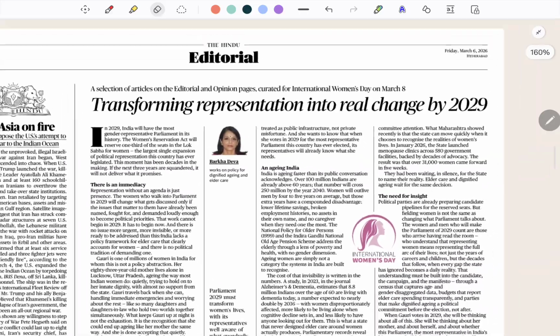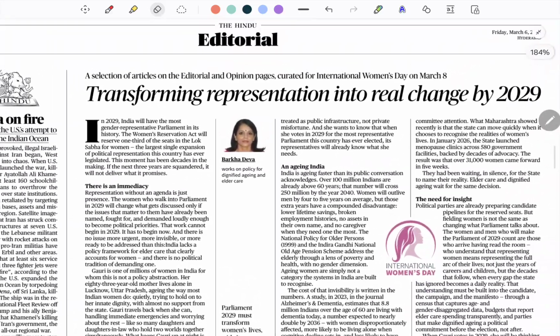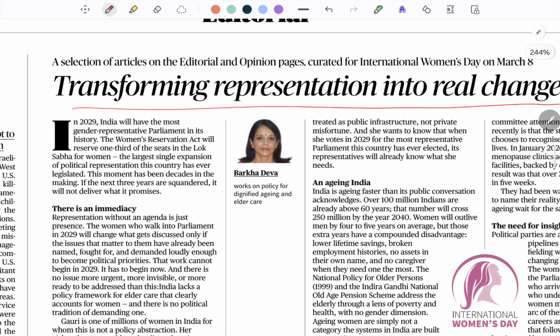Next, let's come to the editorial: Transforming representation into real change by 2029. What is this representation? This is about the Women's Reservation Act, which guarantees one third of seats in Lok Sabha, so 33% of seats are reserved for women.